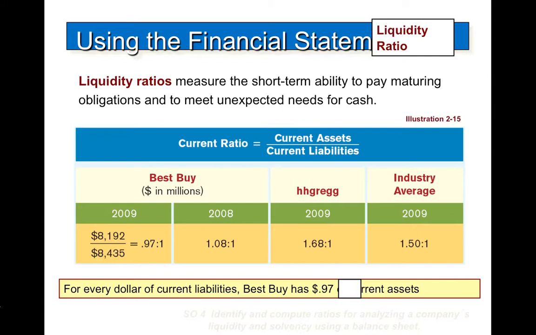What that ratio actually means is that Best Buy's 2009 current ratio of 0.97 to 1 means that for every dollar of current liabilities, Best Buy has 97 cents of current assets. Best Buy's current ratio decreased in 2009.